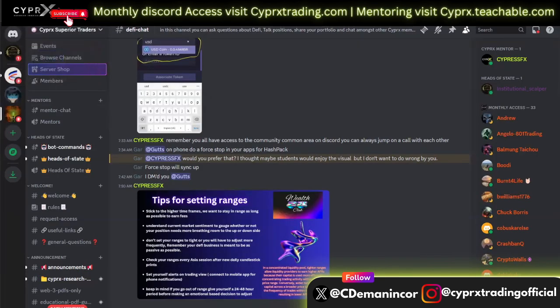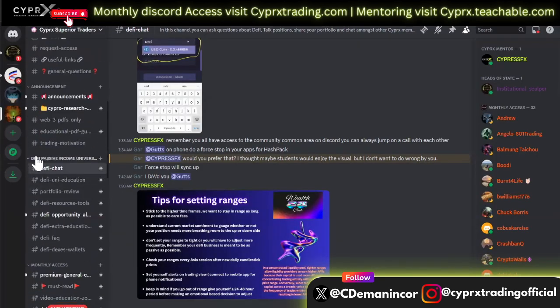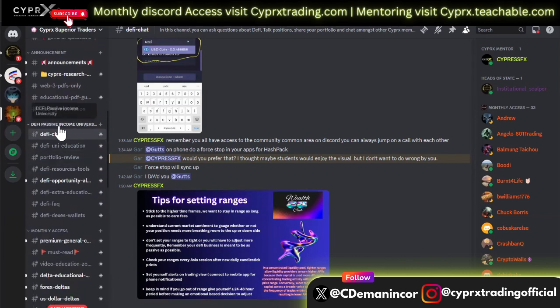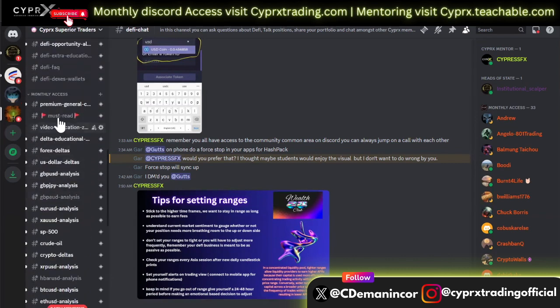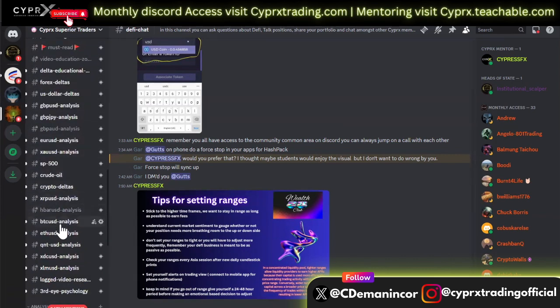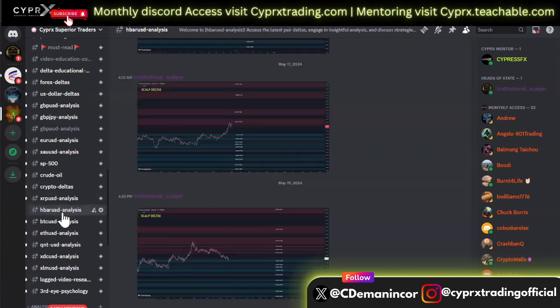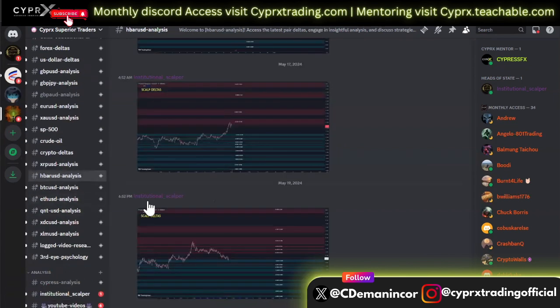So once you join the CYPRX Discord, you will then unlock all of these sections. You have the entire DeFi passive income section, and you have the monthly access section, where you have access to the delta zones. And for this example, we're going to be utilizing the Hbar delta zone. So you can see right here, clicking open the Hbar section, you have direct access to institutional delta zones via Hbar USDC.